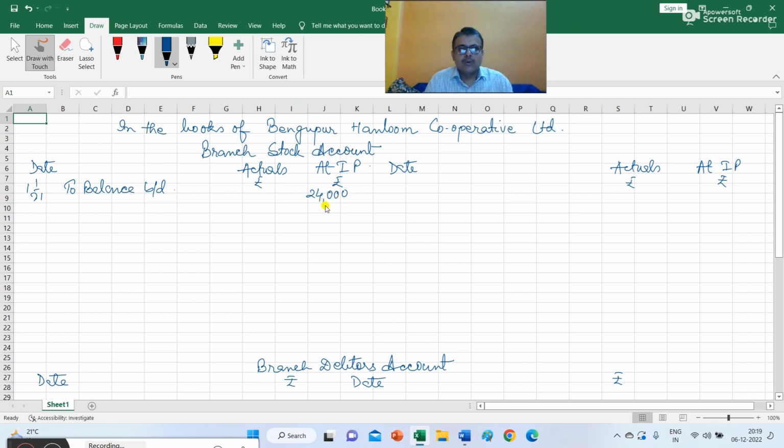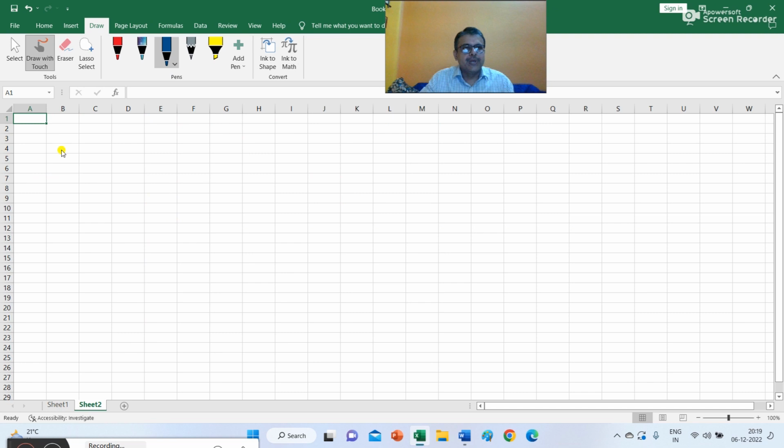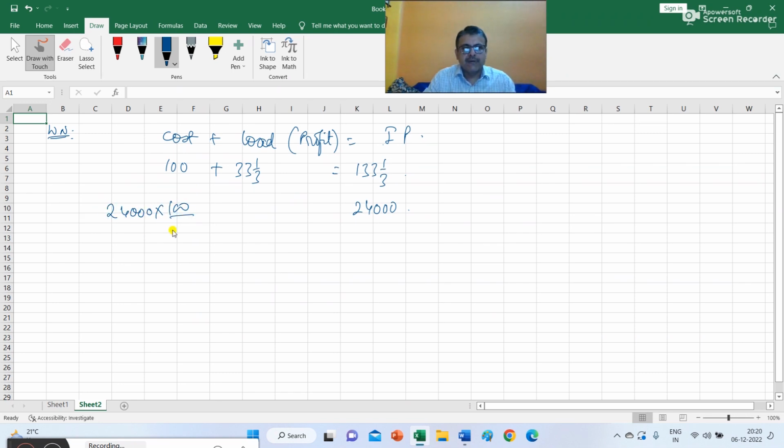So what is the cost value of the invoice value of 24,000? Let me show you in a small working. Cost plus loading or profit is equal to invoice price. So if 100 rupees is cost, loading is 33 1/3 and your invoice price is 133 1/3. When the invoice price is 24,000, the cost price will be 24,000 multiplied by 100 divided by 133 1/3%.